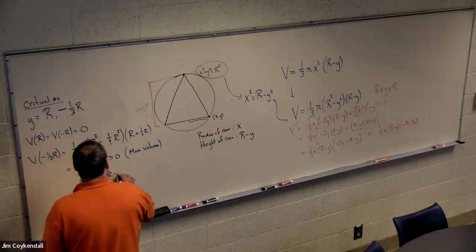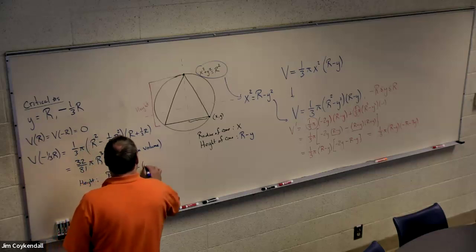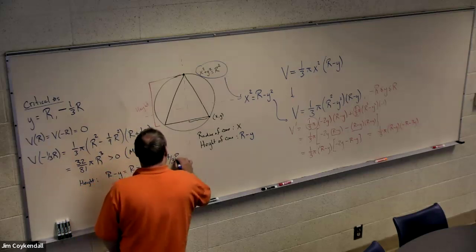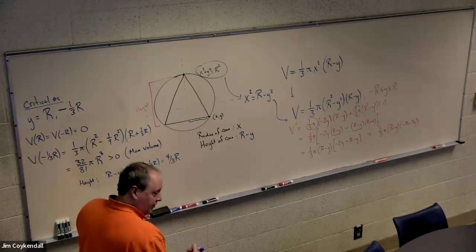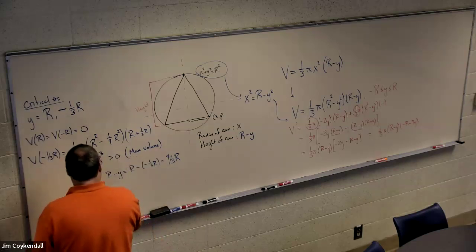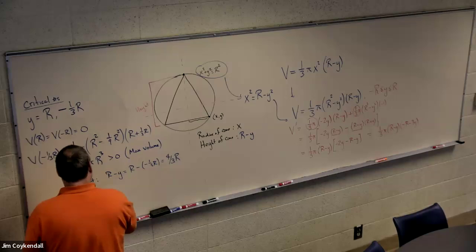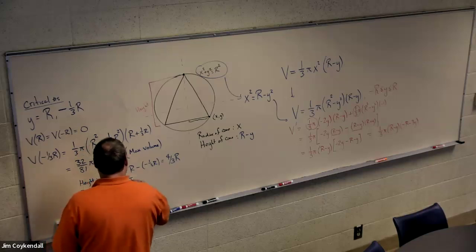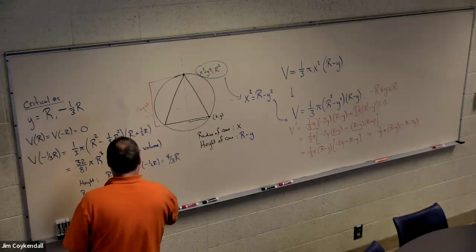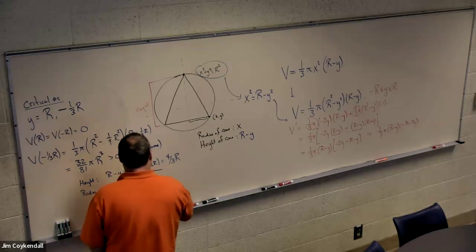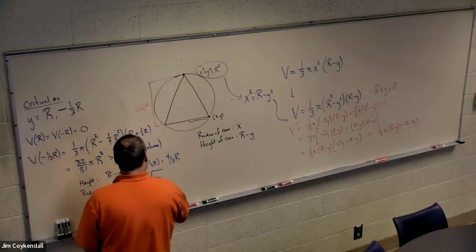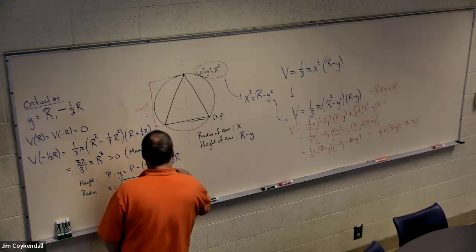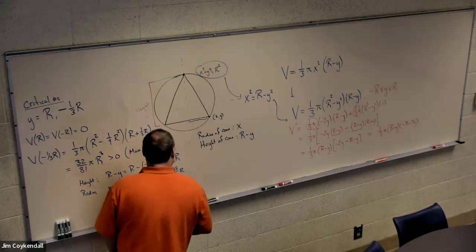Remember, that was R minus y, which is R minus 1/3 R. One-third R is not taller than... And the radius is x, which is the square root of R squared minus y squared, which is the square root of 8/9 R squared, which is 2 radical 2 over 3 R.